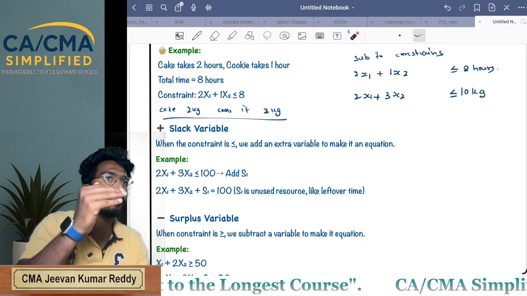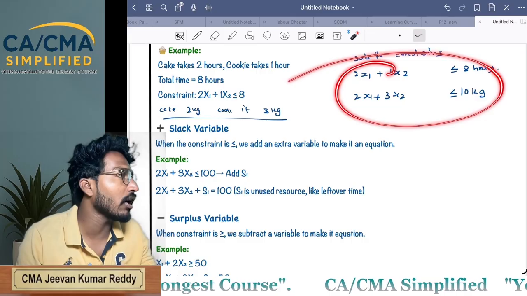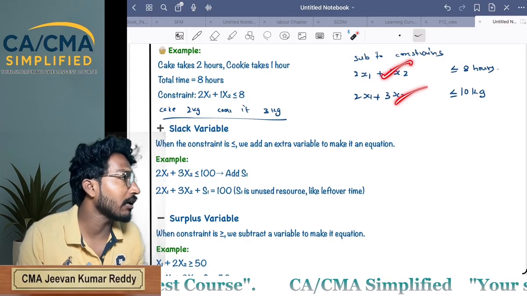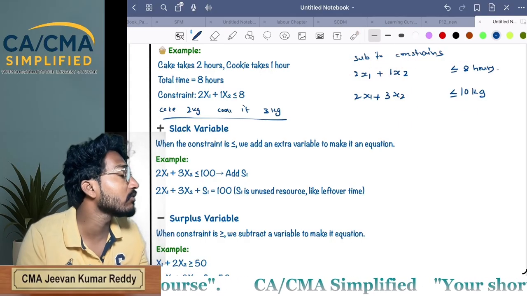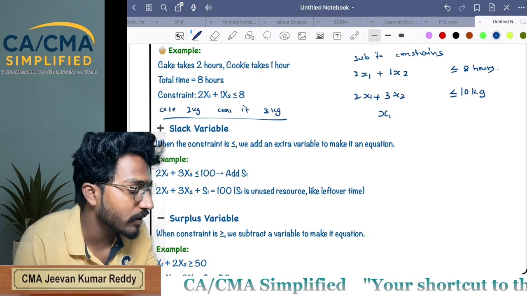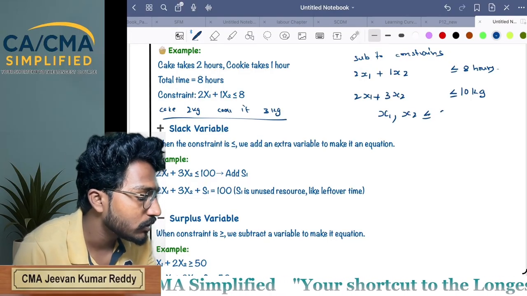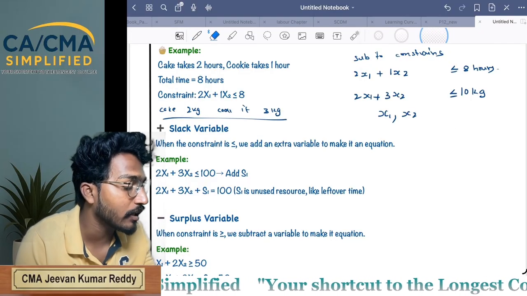First we did the objective function. Next, subject to constraints. These are the constraints. The last one is the non-negativity constraint, that is x1, x2 greater than or equal to 0. Sorry, I said less than, it is greater than or equal to 0.